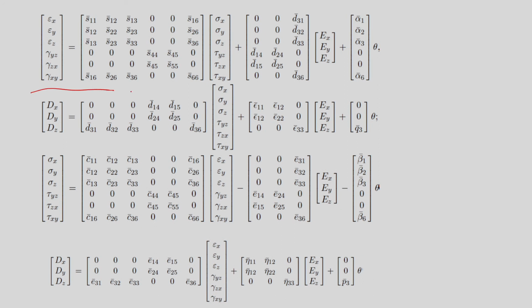The meaning is this. The detailed 3-dimensional constitutive relations are expressed here. So, these are the strains, the compliance matrix, stresses and piezoelectric constants, and then electrical field and thermal expansion, the coefficient of thermal expansion, and theta is the temperature.